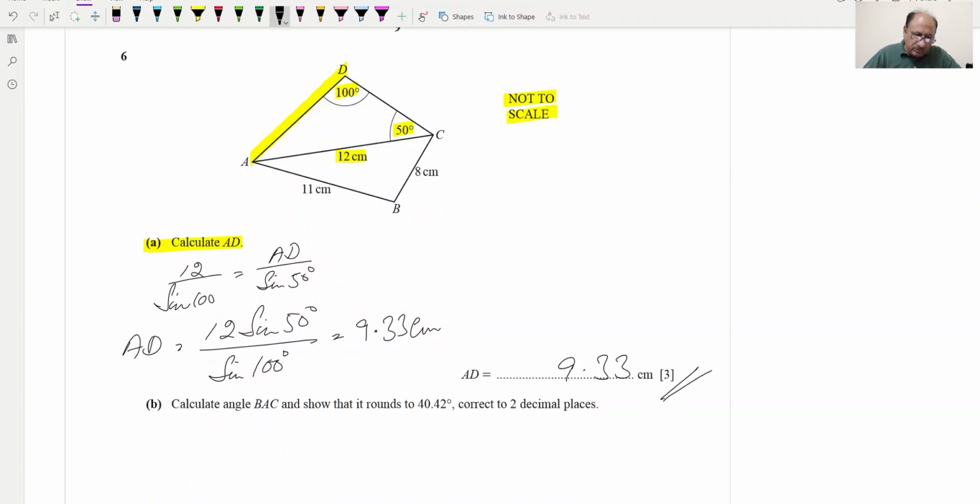So this is a 3 marks question. So this will be 9.33.